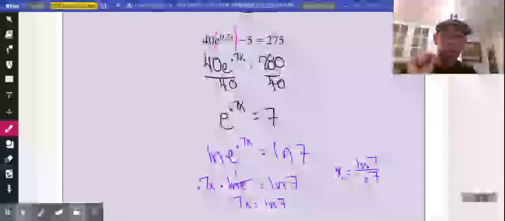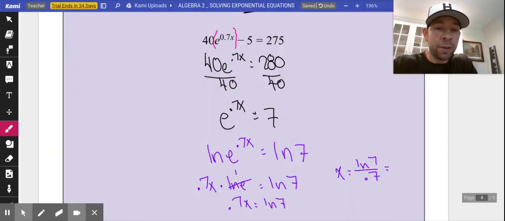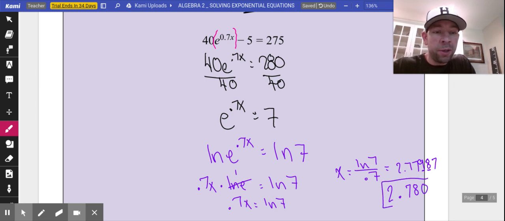It's just 0.7. And when you type that in your calculator, this is actually a little challenging rounding question. I first got 2.77987, and I'm trying to round to 3 decimal places. So I'm looking at this 9, which rounds this 9 up, which is going to have a little domino effect. And we're going to go 2.780 when we round it properly.